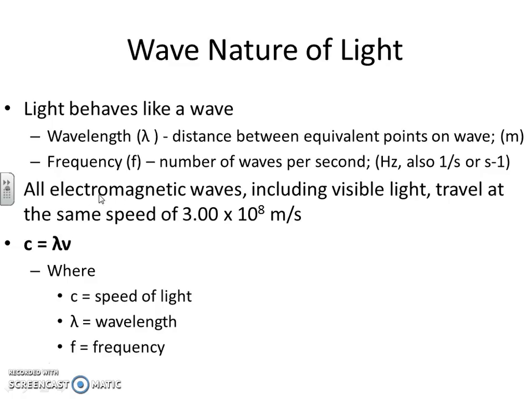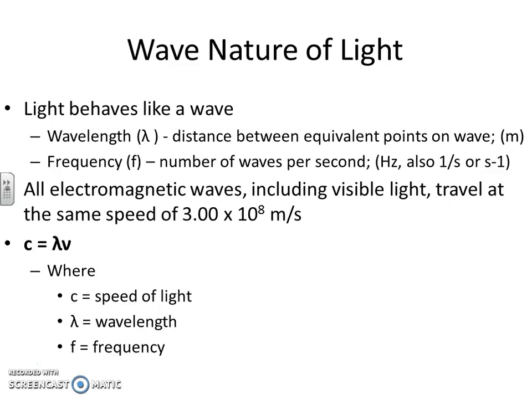But all electromagnetic waves, including visible light, travel at the same speed of 3.00 times 10 to the 8th meters per second. To keep that in mind, this is several football fields. One football field is 100 yards, so this is about 30 football fields lined up, and light travels that far in 1 second.